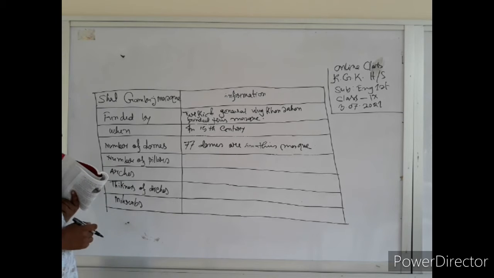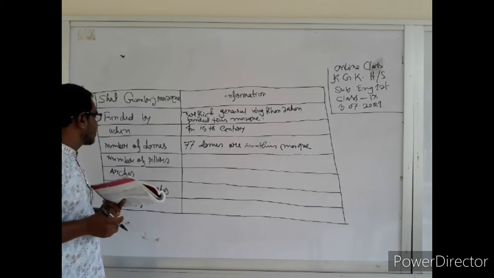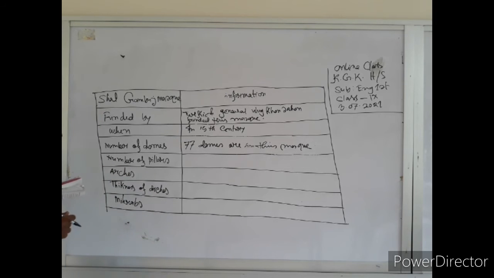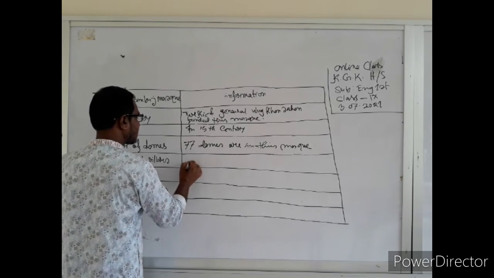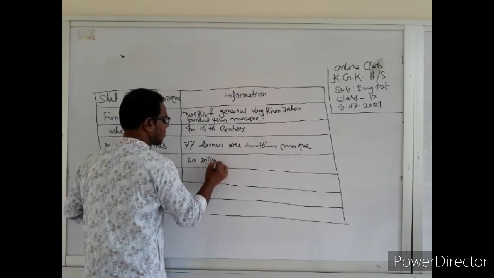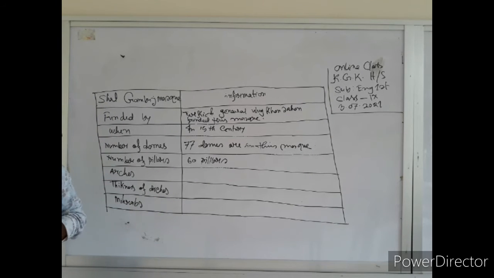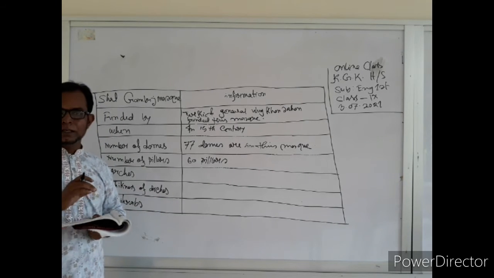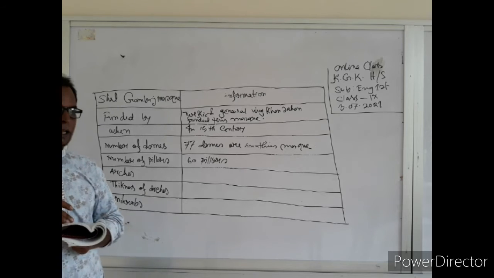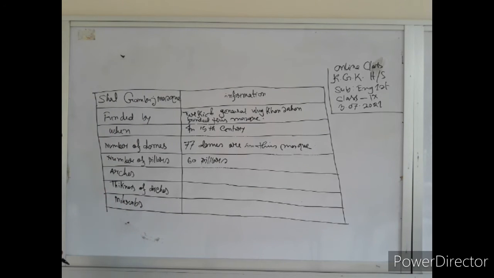Number of pillars. How many pillars are in this mosque? We know that there are 60 pillars. Dear students, if we read this text clearly and understand it, we can give the information correctly.